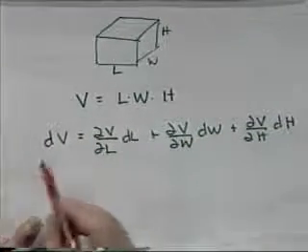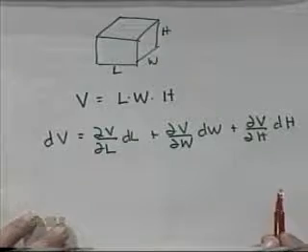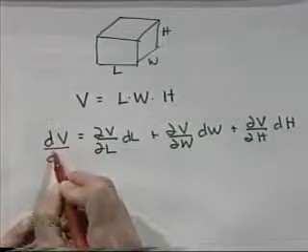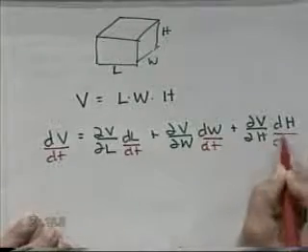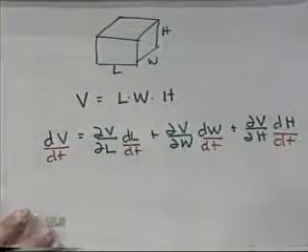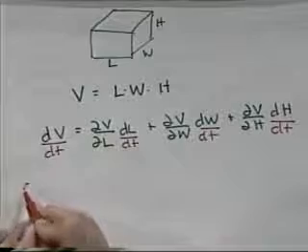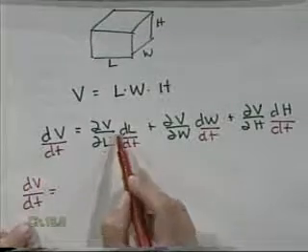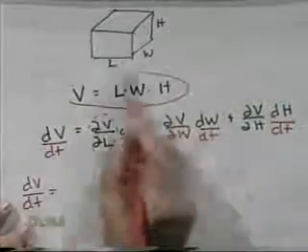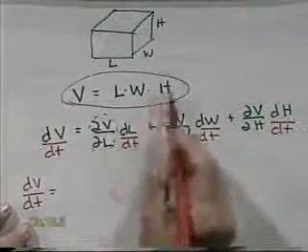Now, if you want to, you can multiply through by dt right now. If you want to divide through by dt, be my guest. But do you see where the dt's are going? They're going over the little differentials for L, W, and H. So dV/dt is, now what's the partial of V with respect to L using this formula? WH.